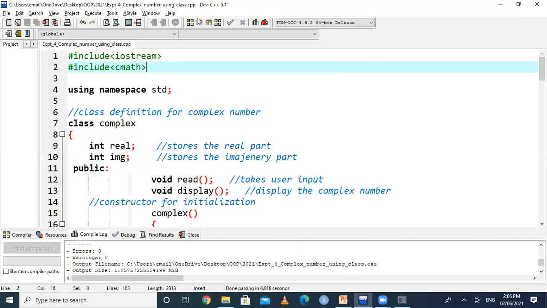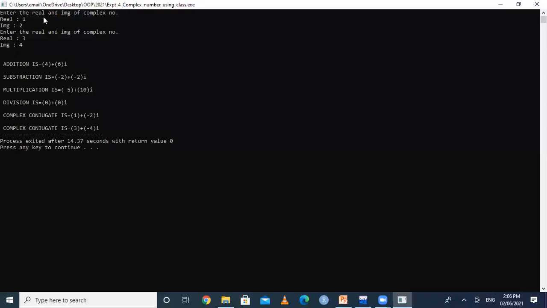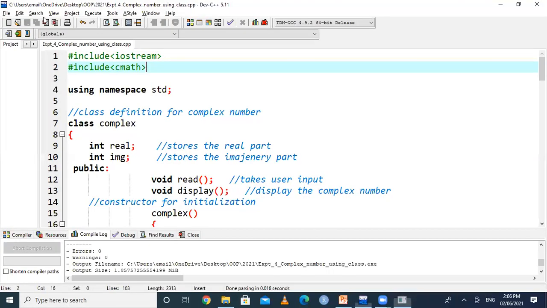I will run it once again for division also, because the previous complex numbers didn't give an output for division. So I am changing the numbers here: the first number is 1 plus 2i, and the second is 3 and 4. Now again I am not getting an output, so I have to change the complex numbers again.